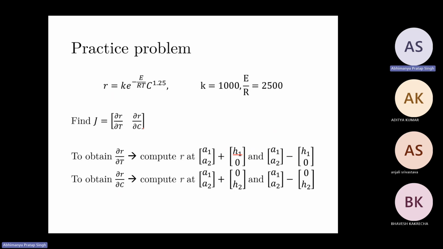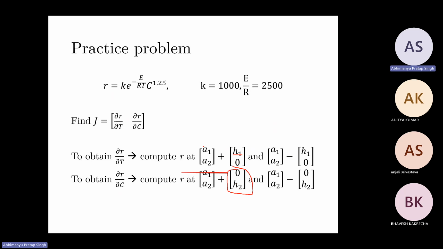And when I am trying to find the partial derivative with respect to c, I will perturb the second variable while keeping the first variable constant. So like the second vector, this is my perturbation. In one case I'm making the first row 0, while the second row is a constant number.